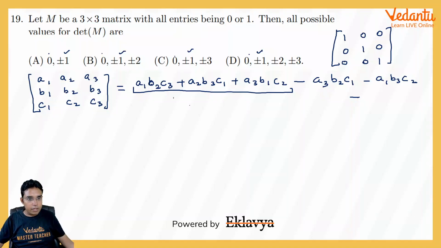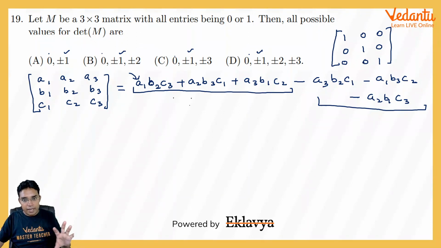I think I have not taken A2, so A2, B1, C3. Now there is one thing to notice here: every element, like A1, is coming exactly once in these 3 terms with plus sign, and exactly once in those 3 terms with minus sign.